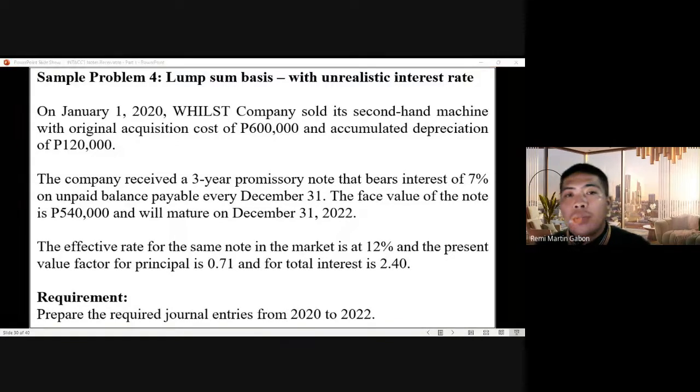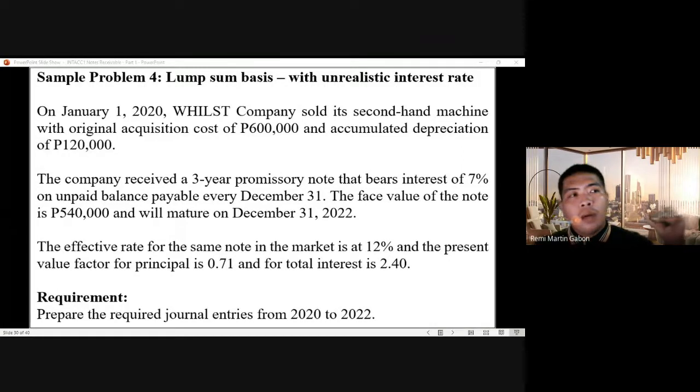Now, if you encounter the same type of problem, wag agad magpadalos-dalos sa interest bearing. Question is, paano nangyayari nagkakaroon ng unrealistic interest rate? In practice, yung paggawa ng promissory note, the consideration for the interest rate usually based on the market level.